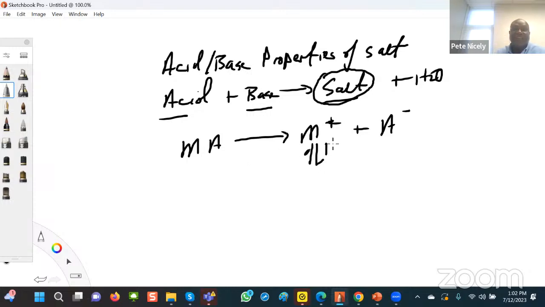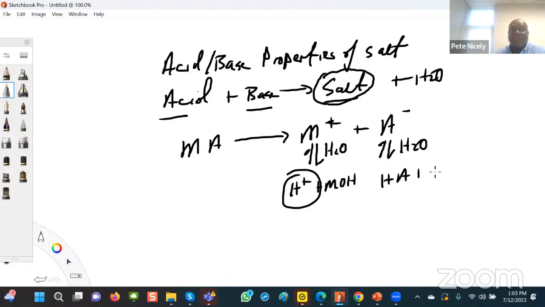If M plus interacts with water to form H plus and MOH, then this would contribute to the acidity of the solution. If A minus reacts with water, it's going to form HA and OH minus, which would make the solution more basic.